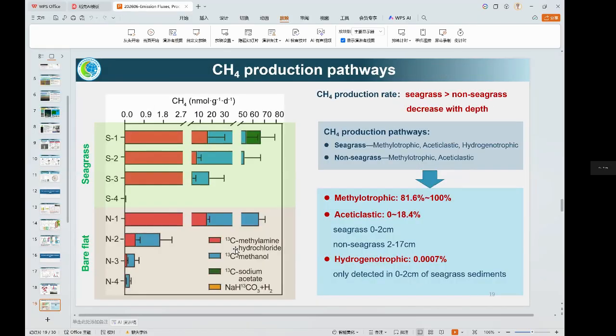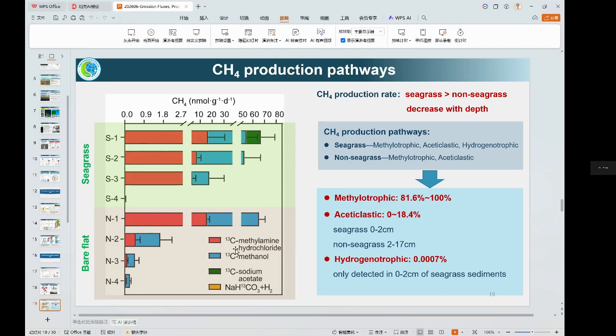Using 13C tracer, the three main methane production pathways were all detected in our seagrass bed. The production rates were higher in seagrass regions than in the bare flat regions, and the rates were highest in the top sediment layers.